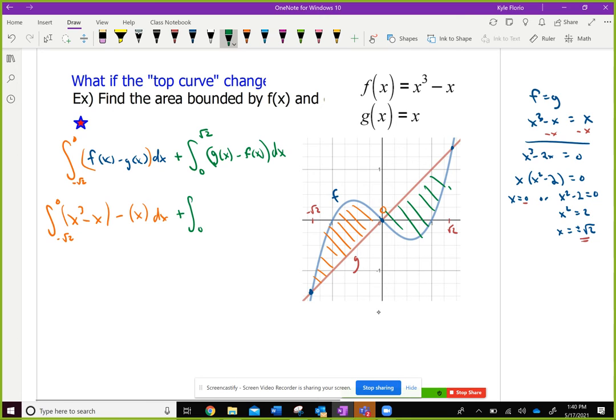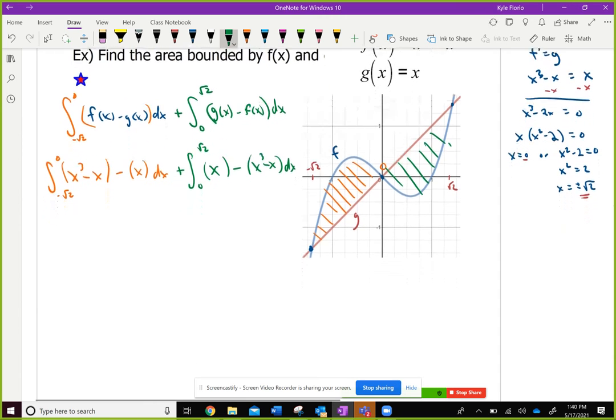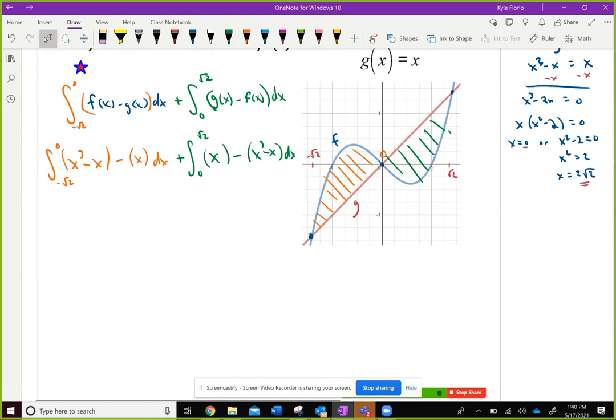And then the other one, g of x is x minus f of x, which is x cubed minus x. Before I do the antiderivative, I'm going to simplify here. Negative x minus x is negative 2x, right? I'll say. Negative x minus x.